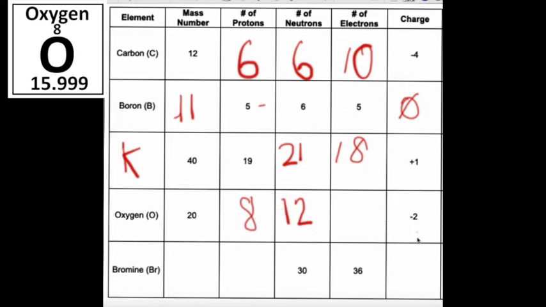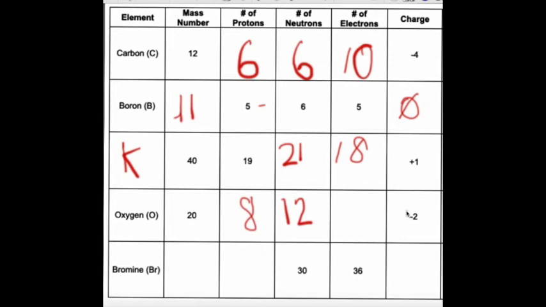Now, if oxygen has a charge of -2, what must its number of electrons be? Well, since electrons are negative, there are 2 more electrons than there are protons. And we know that there's 8 protons, which means that the number of electrons must be 10, because 10 is 2 more than 8.